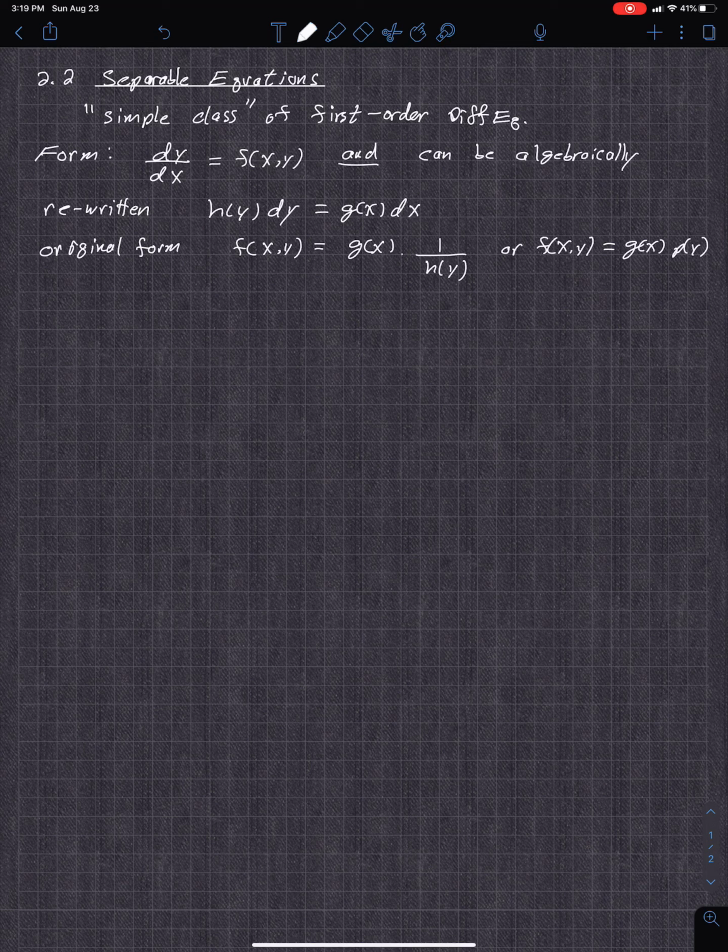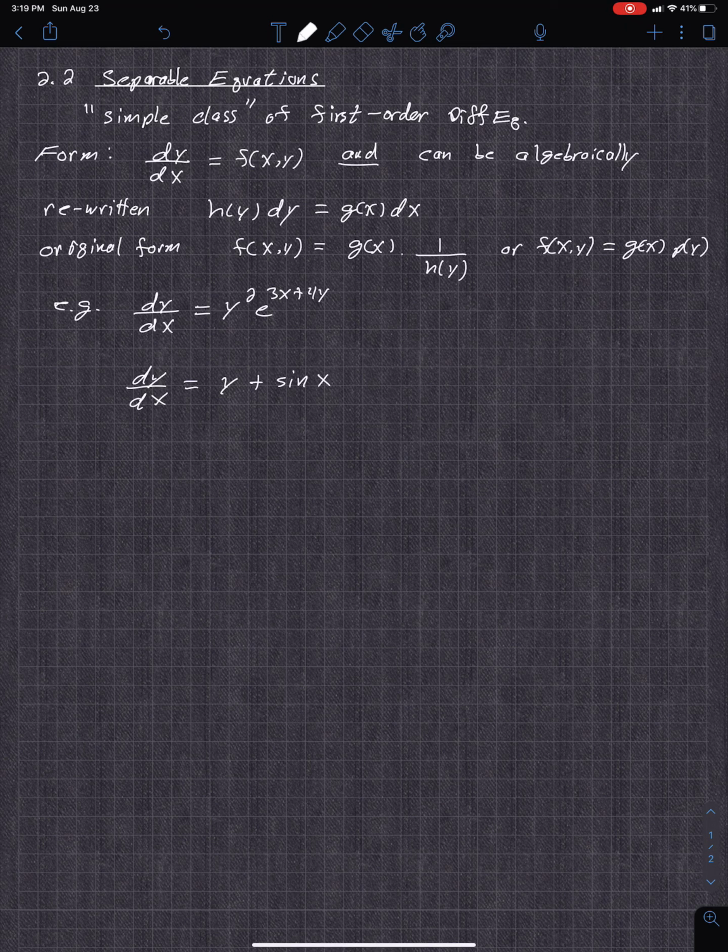So for example, let's take a look at a couple of types. If I have dy/dx equal to y squared e to the 3x plus 4y. And then let's do another one. dy/dx equal to y plus sine x.